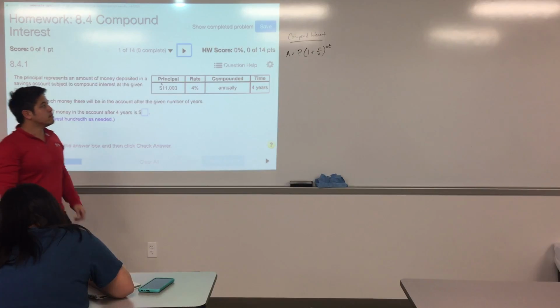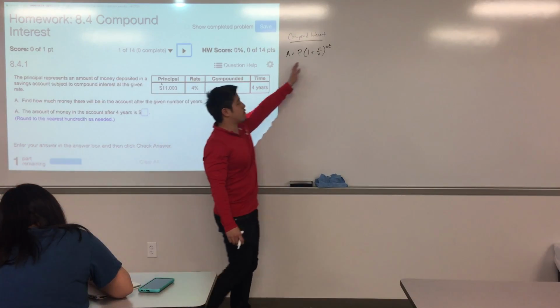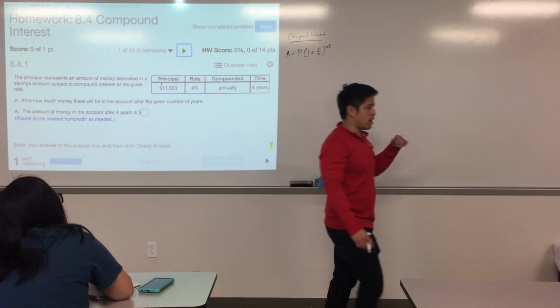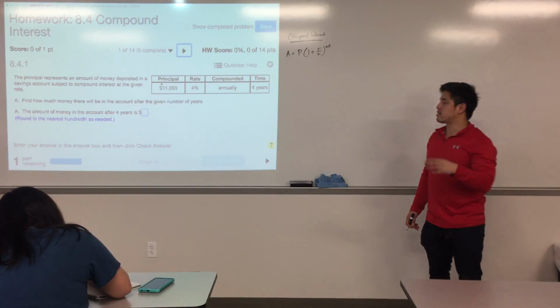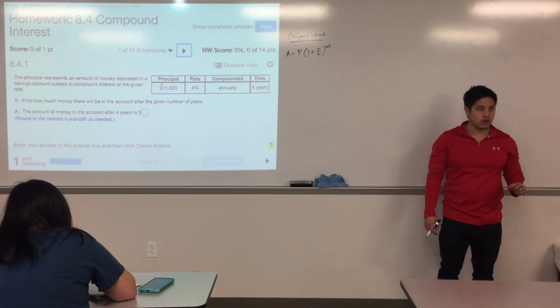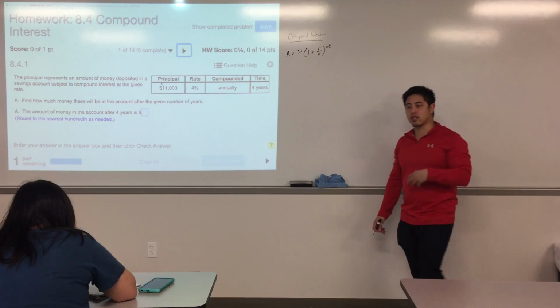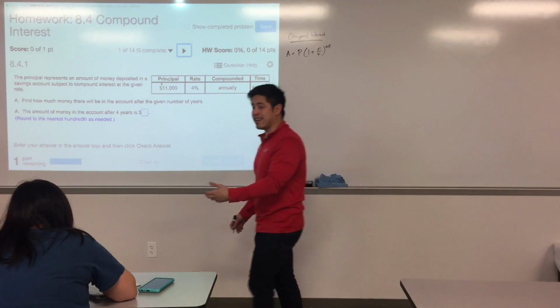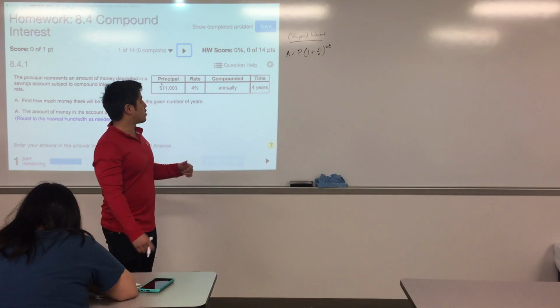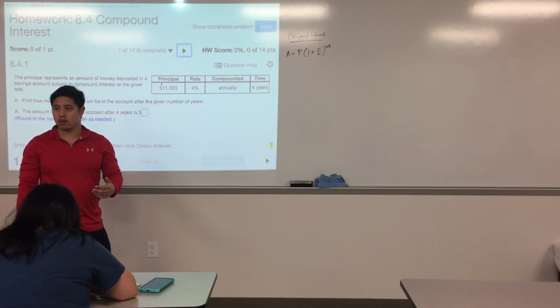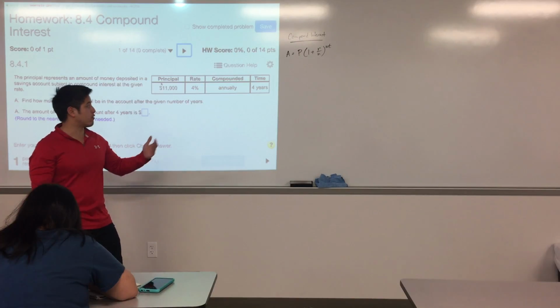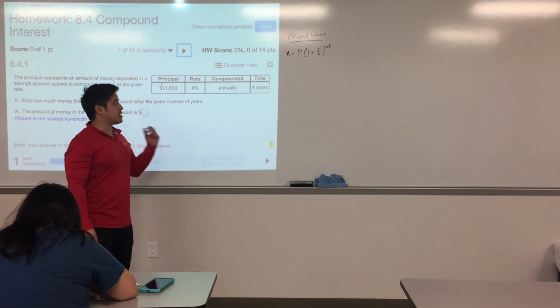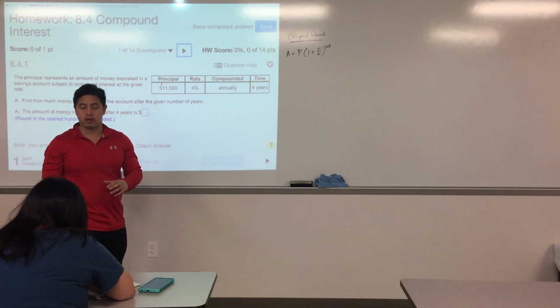Now, as you can see, many of the variables look the same, and they are. The A is still the accumulated or future value. The P is still the principal, what you put in initially. The R is still your interest rate as a decimal, or a percent converted to a decimal. The T is still your time in years.